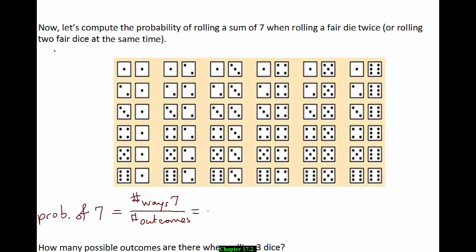And here, the total number of outcomes is the 6 outcomes on the first die times the 6 outcomes on the second die, which ends up being 36.